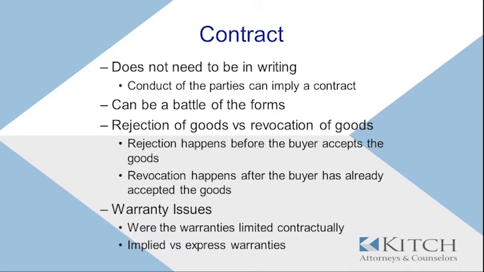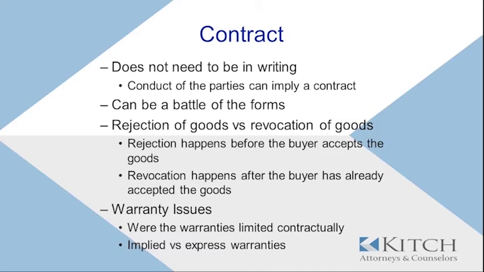A seller of widgets has products on the market. Somebody wishes to purchase those. The purchaser sends the seller a term sheet saying, I would like 1,000 widgets. In the purchaser's term sheet, they have all of their terms and conditions for that purchase order.